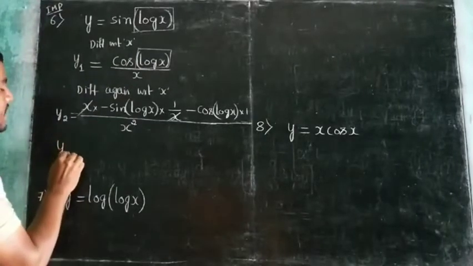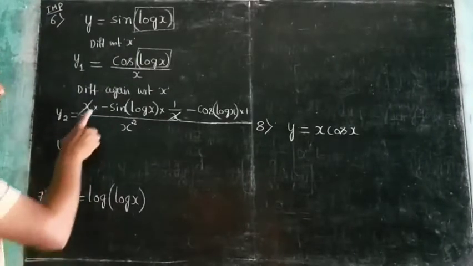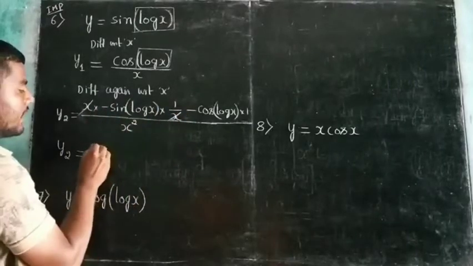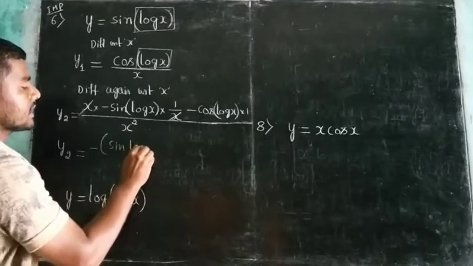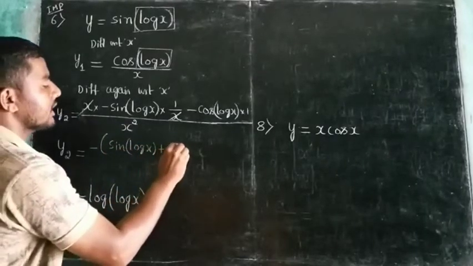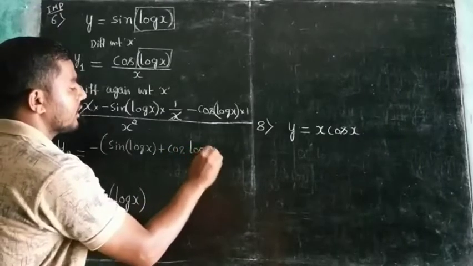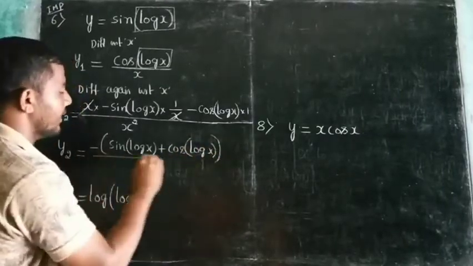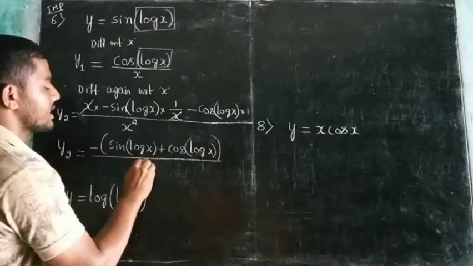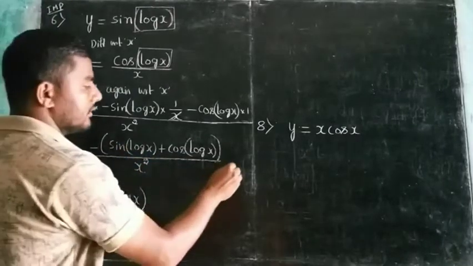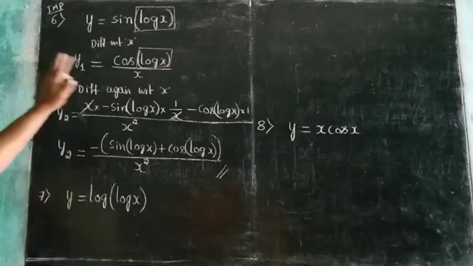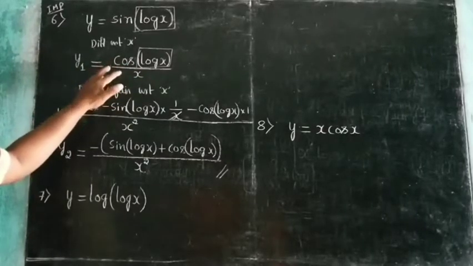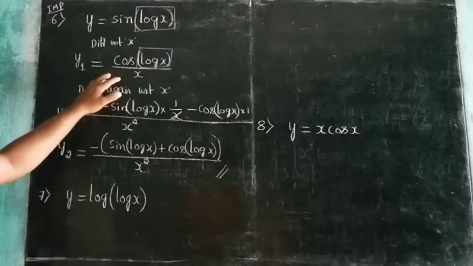Then y2 is equal to, on both sides we have a minus, so take minus as a common factor, then sin of log x plus cos of log x, whole divided by x square. It is the simplified final answer. Write the differentiation of cos of log x carefully by using the chain rule. Okay. Next one.